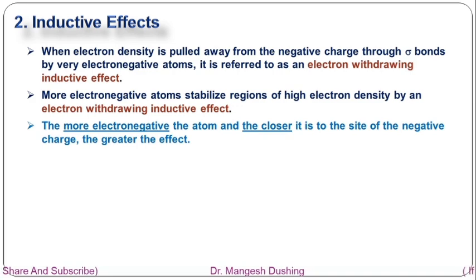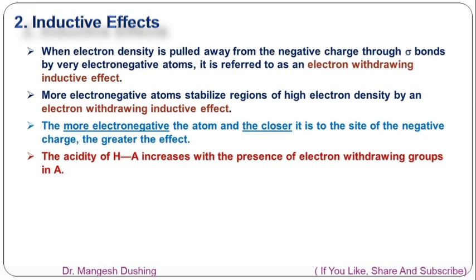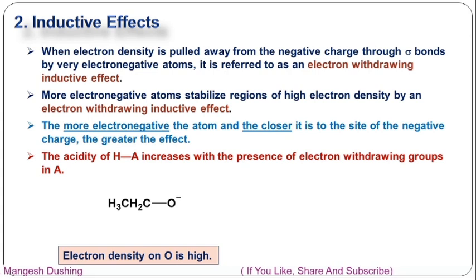The more electronegative the atom and the closer it is to the site of negative charge, the greater is the effect. So a more electronegative atom as well as nearer to the functional group where the negative charge is, the stabilization of conjugate base increases. The acidity of HA increases with the presence of electron withdrawing groups in A. So if the conjugate base contains electron withdrawing groups, the stabilization of A minus will be more.